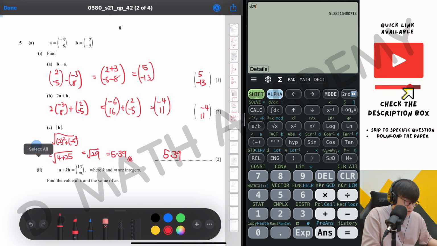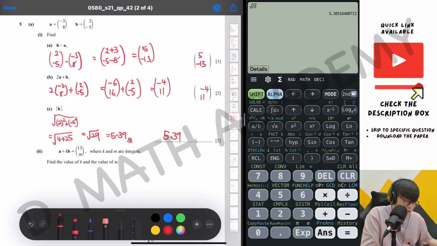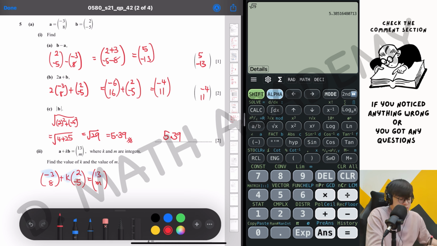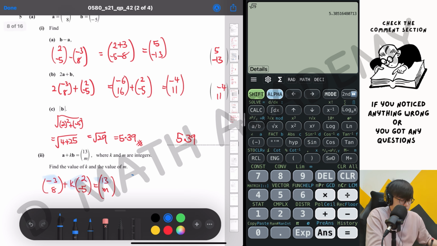Okay, going on to part B here. They were asking that if, let's say, our a, which is -3 and 8, plus k times b here, you will get 13 and m. So to find k, I will be focusing on the top part here, where I construct the equation. It goes by -3 plus 2k equals 13.